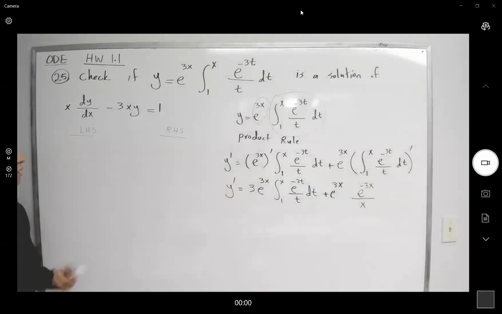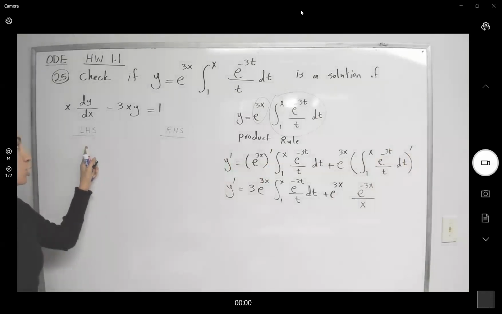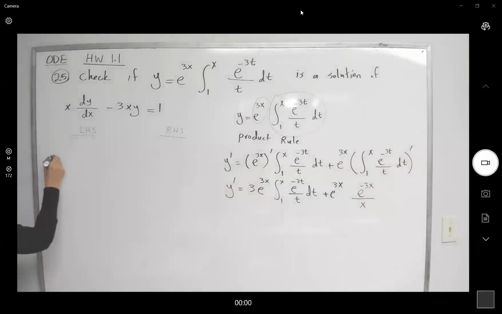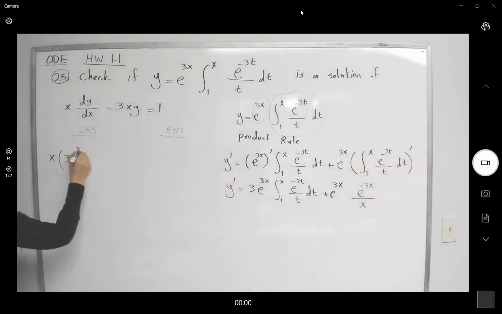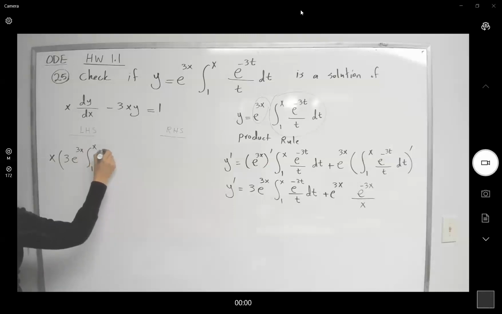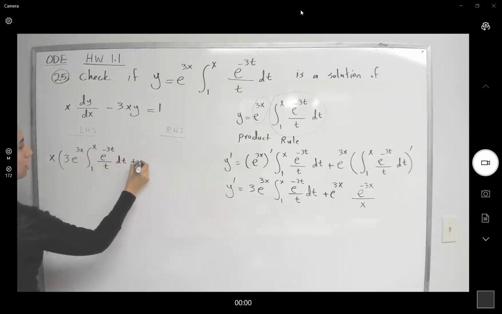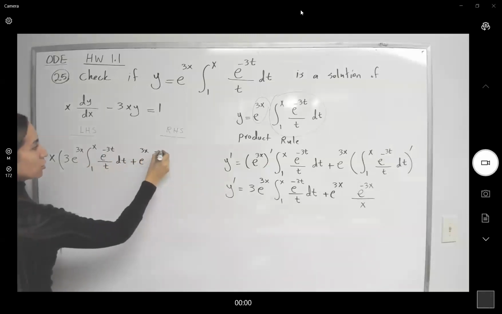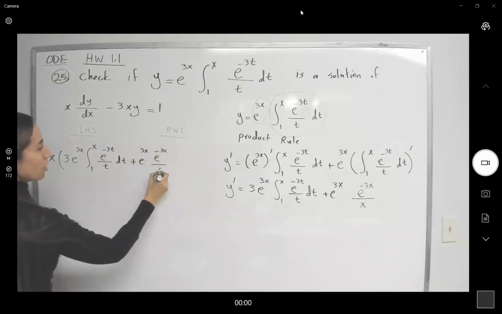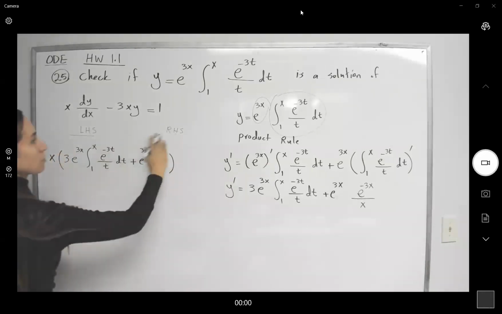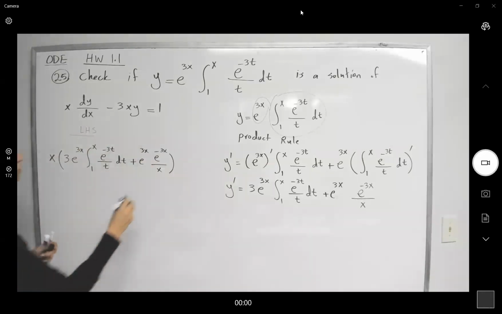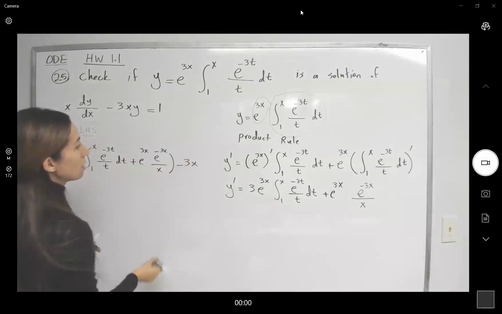What's next? In the next step, we have to plug that into this equation. x times the derivative, 3 e to 3x times the integral from 1 to x of e to negative 3t divided by t dt, plus e to 3x times e to negative 3x divided by x, and let us close up the parentheses, minus 3xy, minus 3x and y.